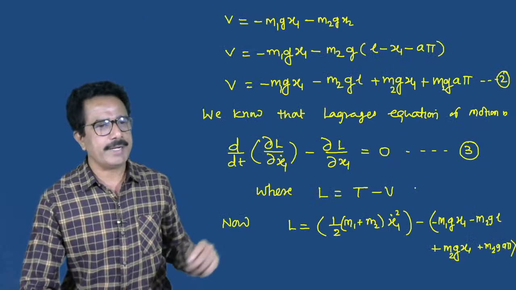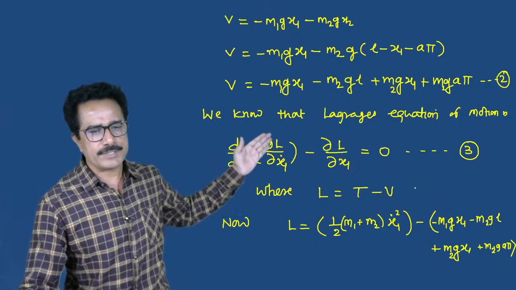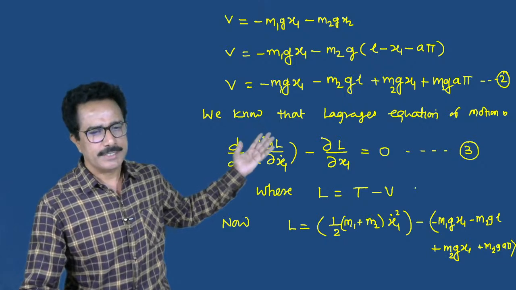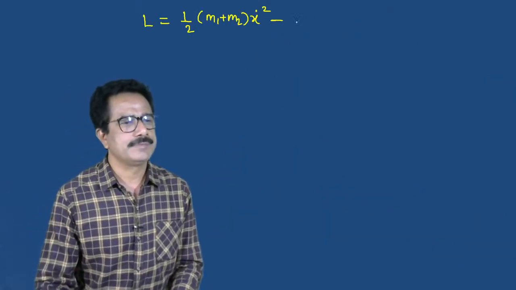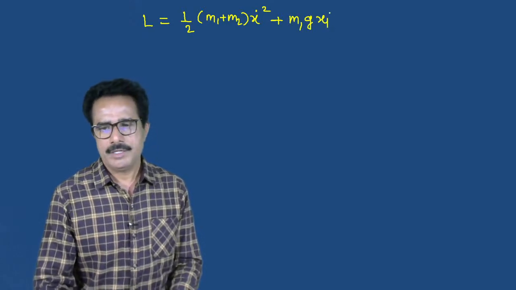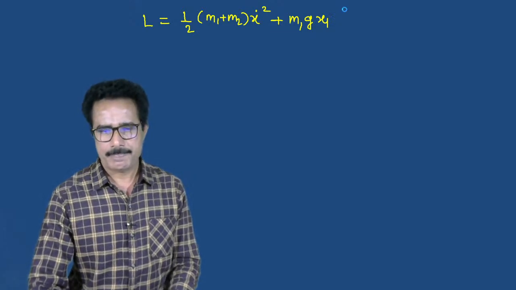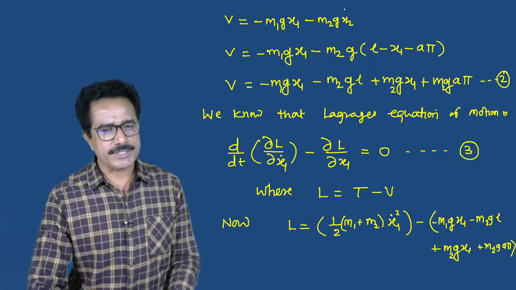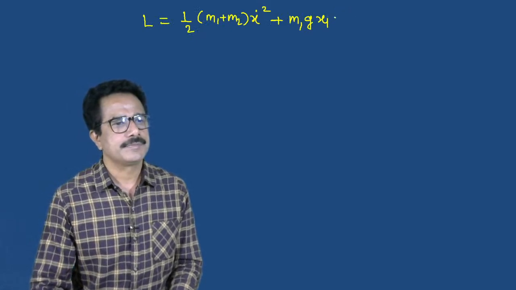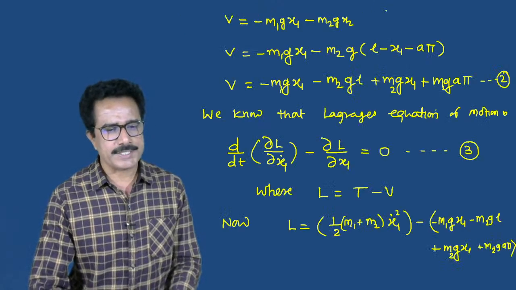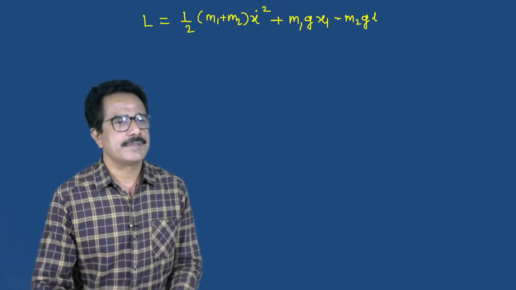What is that relation? Look, is it correct? m2 g x1. Is that correct, students? m1 g x1, okay, then minus m2 g l, which is equal to minus, plus.